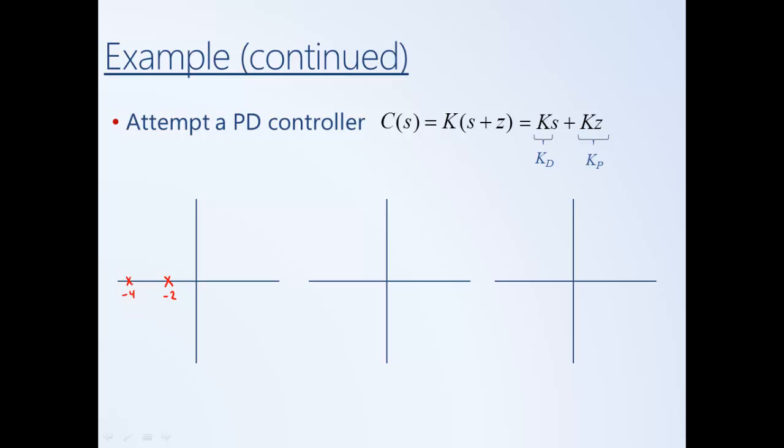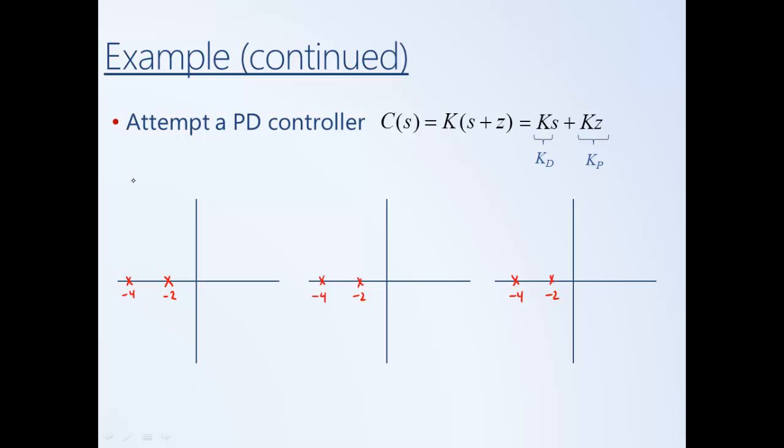We can place the 0 to the right of both of the poles, we can place the 0 between the 2 poles, or we could place the 0 to the left of both poles. We will try all 3 locations and see if any of them will help us meet our requirements.